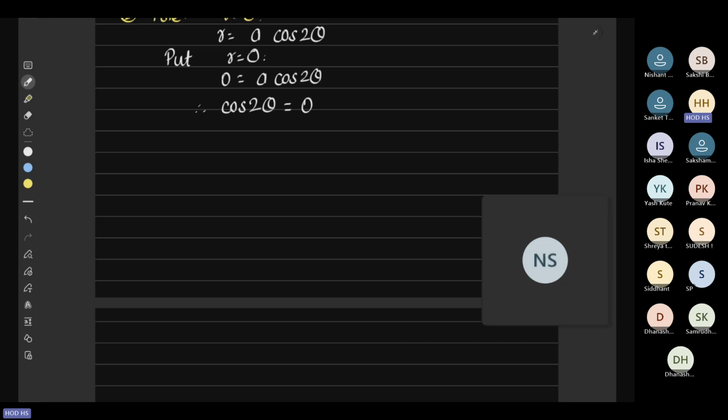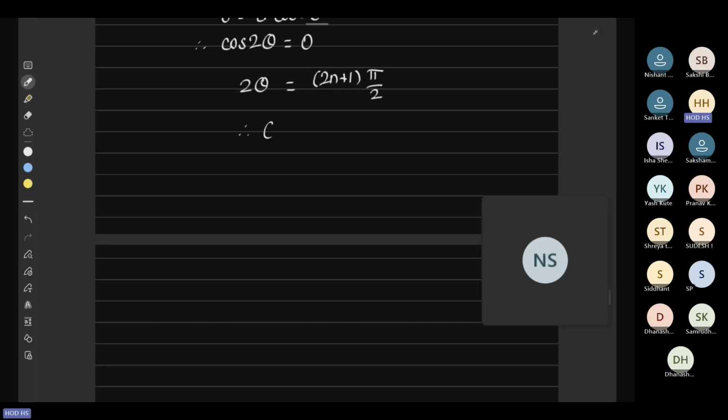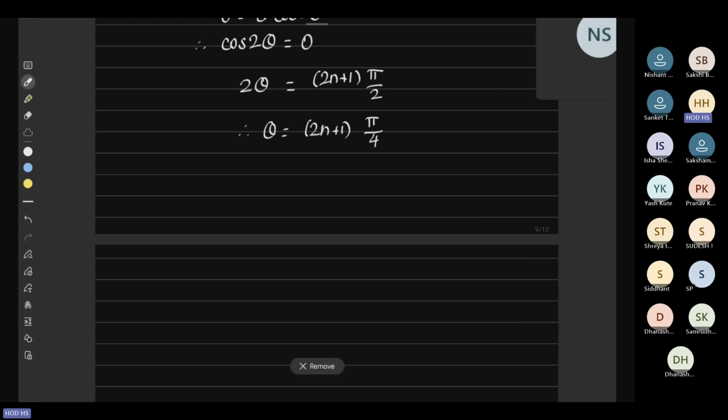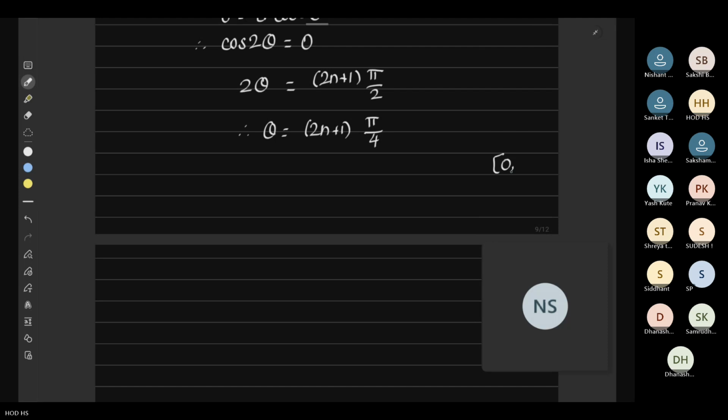So since cos theta is taking the 0 value, we know 2 theta will be an odd multiple of pi by 2. So therefore, theta will be an odd multiple of pi by 4. So calculate the different values in our one rotation, that is 0 to 2 pi.